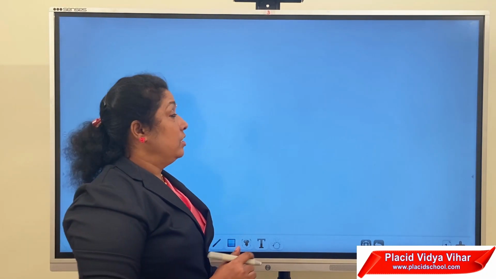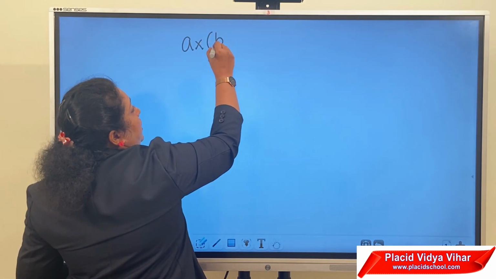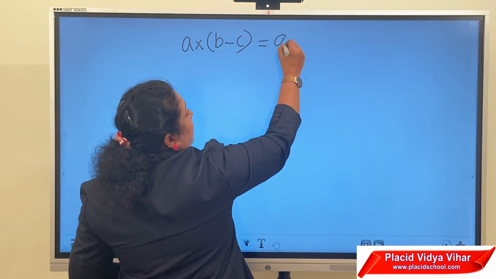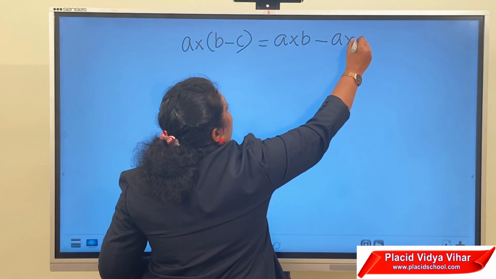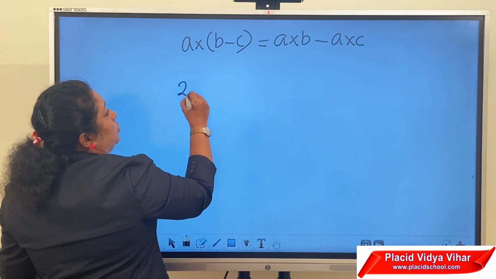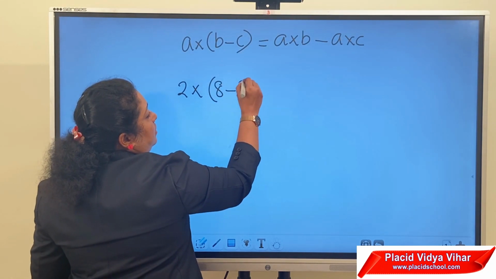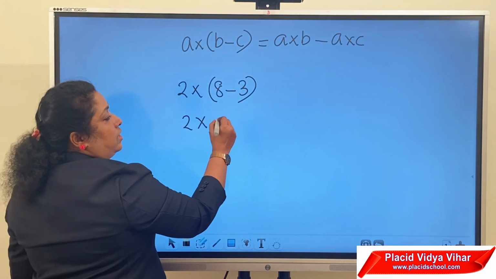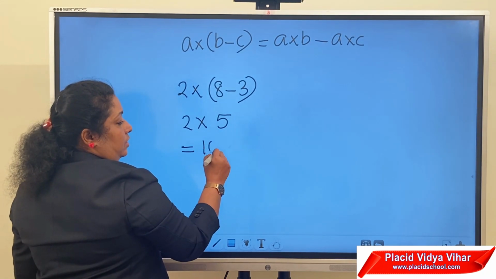Next we can check a into (b minus c) is equal to a into b minus a into c. We can write an example. 2 into (8 minus 3). 8 minus 3 is 5. 2 into 5 is 10.